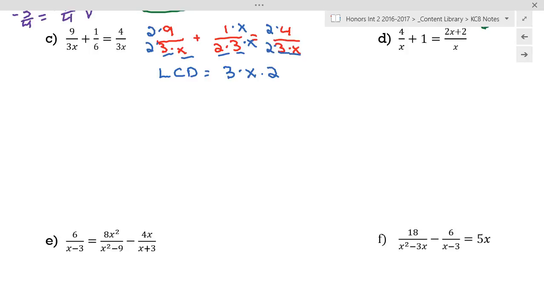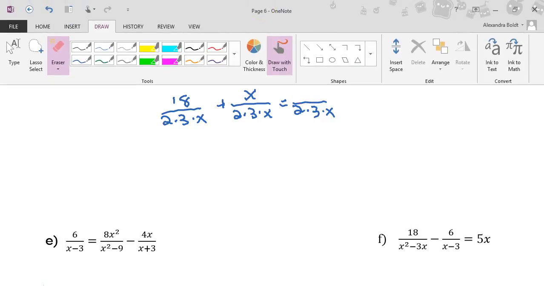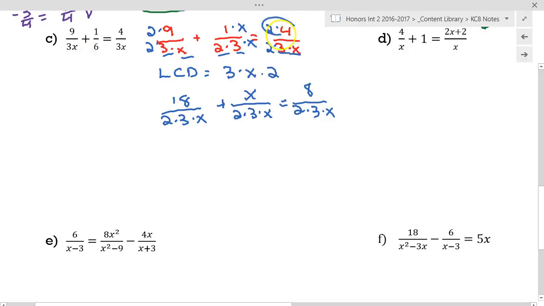So that means I have 18 over 2 times 3 times x plus x over 2 times 3 times x equals 6 over 2 times 3 times x. Sorry, so 2 times 4 is 8, not 6. Right, going from there, 2 times 4 is 8. Now that all my denominators are the same, I'm just going to use my numerator.